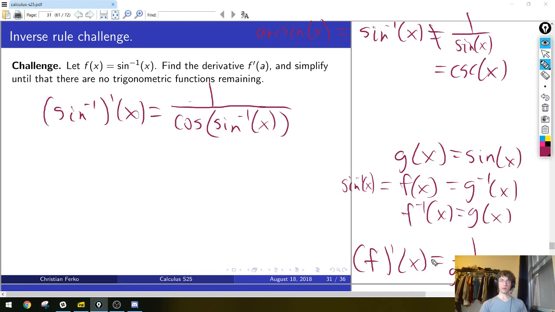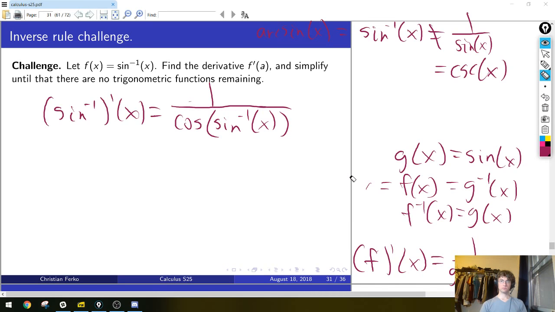Good. Now we are helpfully asked by the problem writer, who is me, to simplify until there are no trigonometric functions remaining. I don't know if you remember this, but we actually did this as a blitz question in chapter 1. I forget which session. Do you remember how to simplify this so that there are no trig functions left?